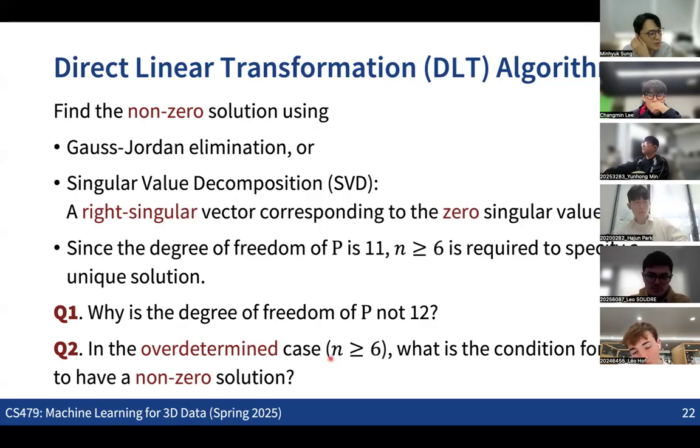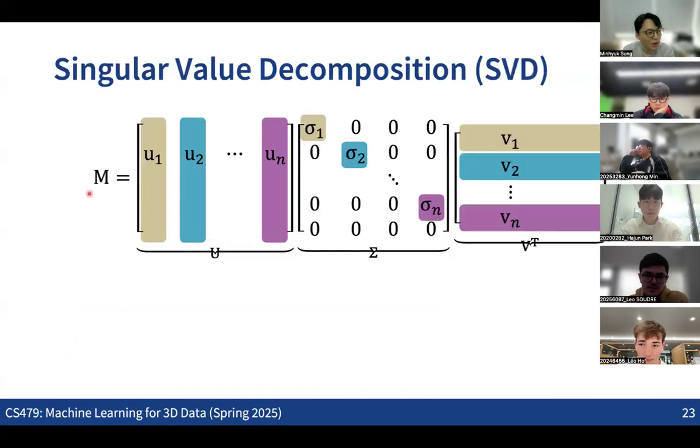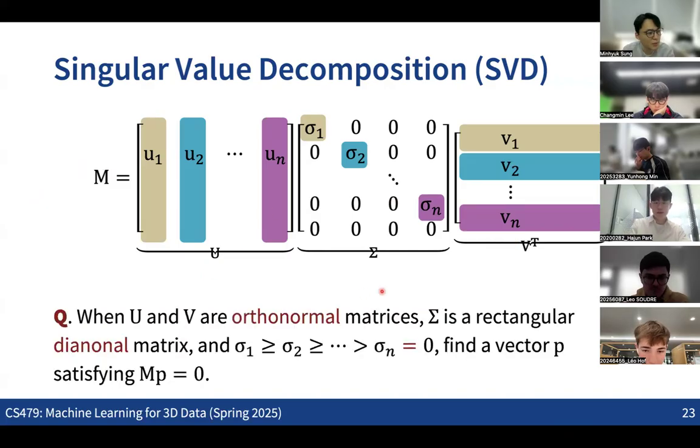So when we know that there exists a non-zero solution given this homogeneous linear system, we can simply use the SVD, as you may have learned in the linear algebra course. Once we decompose the matrix M into two orthonormal matrices and a diagonal matrix, how can you find a vector P that satisfies the homogeneous linear system?